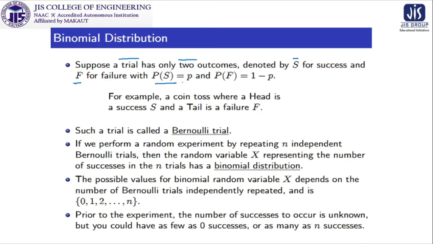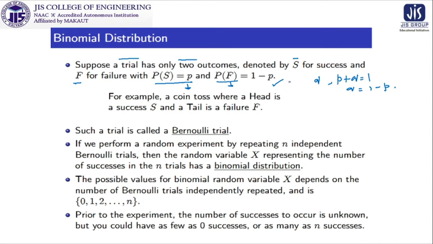The probability of S is small p, so the probability of F you can write as q. As p plus q is equal to 1, you can write q is equal to 1 minus p, so the probability of failure is 1 minus p.